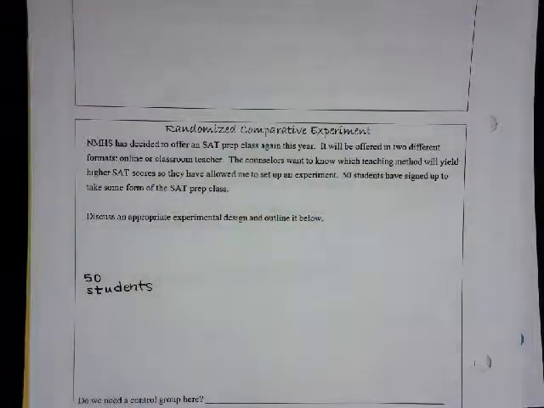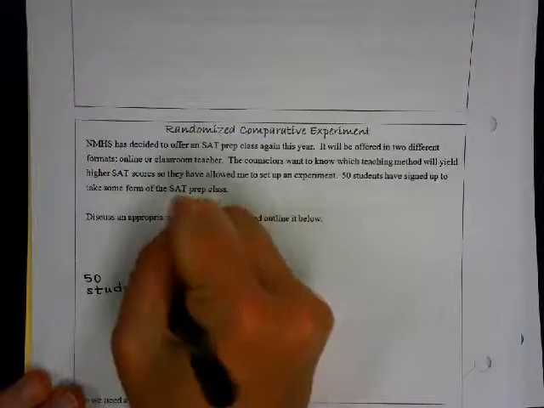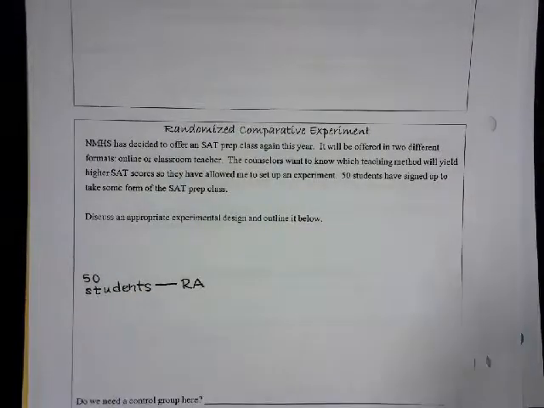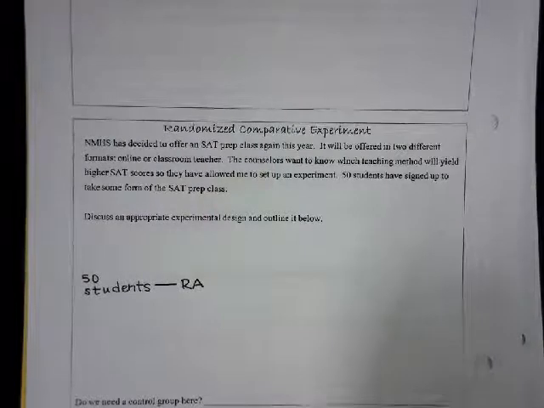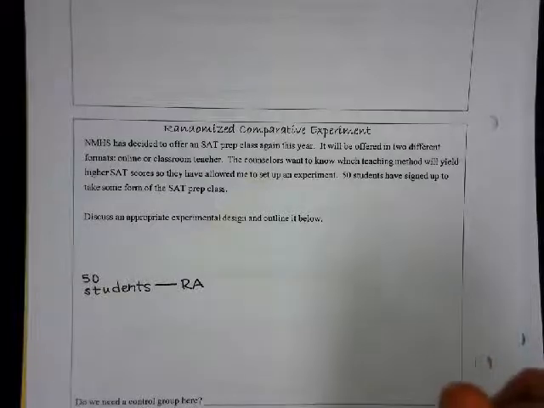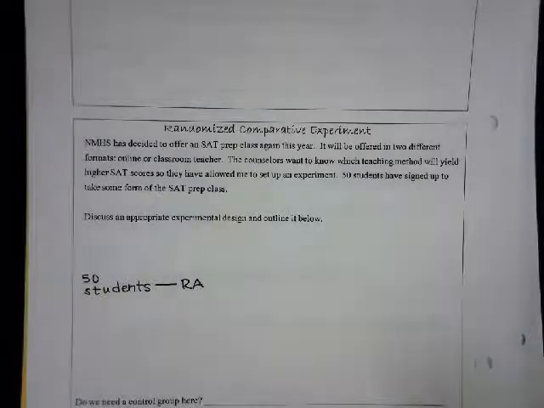We're going to have a bunch of lines that break off and do different things. So first one is just straight, and we're going to do RA, random assignment. Kids forget this step, and if you don't have it, you didn't make an experiment, and you lose points. You have to have random assignment, or you're not making an experiment.